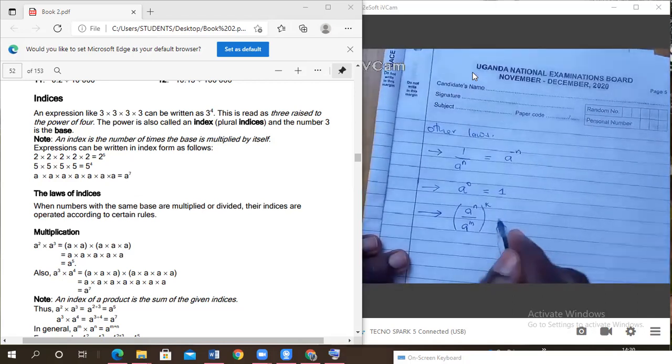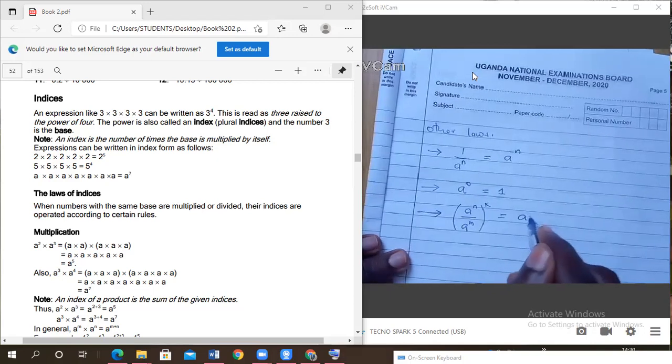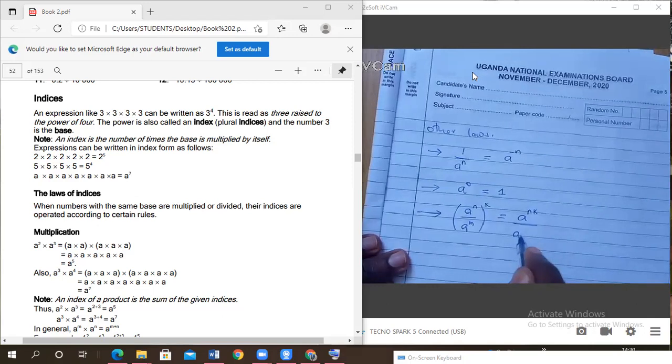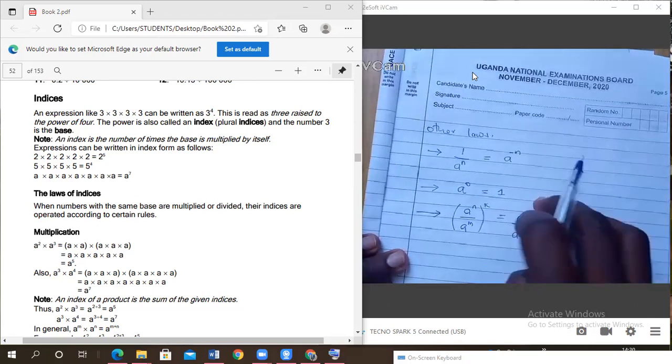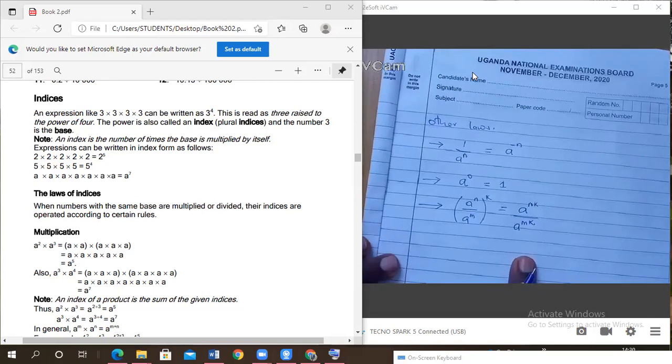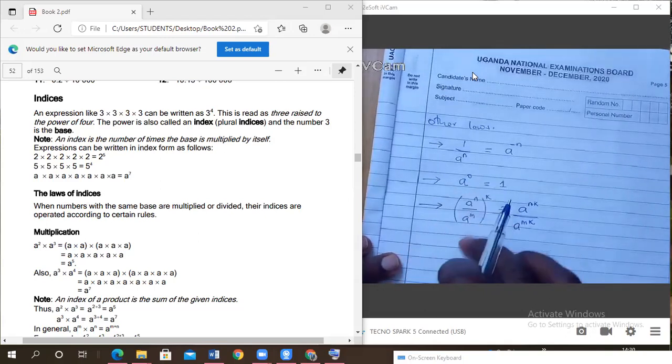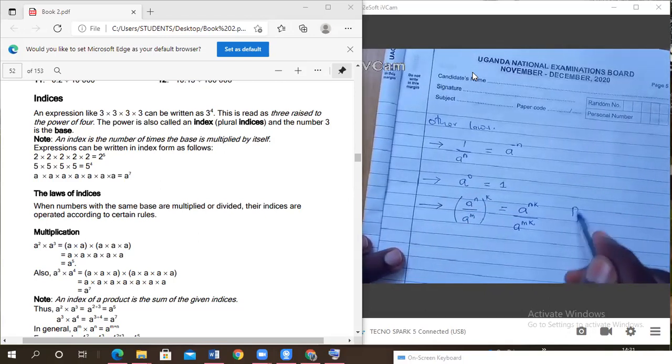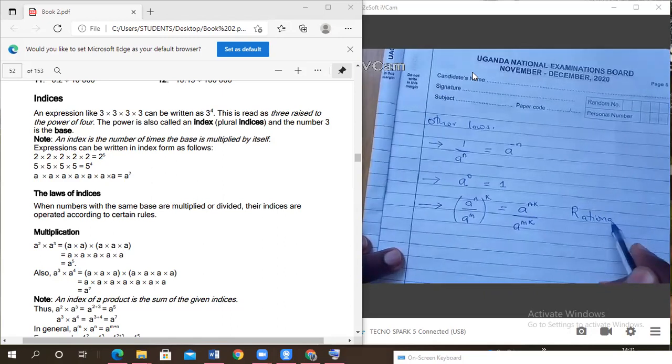So which is the same as a to the power mk divided by a to the power nk. Are you together? That is when we have a fraction. This is for rational or quotient.